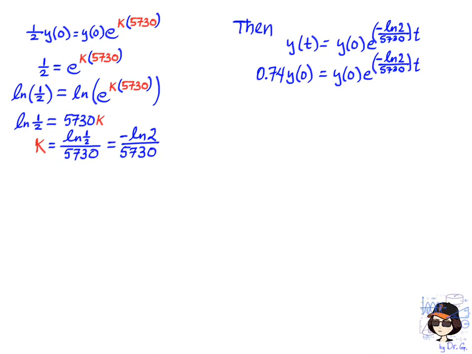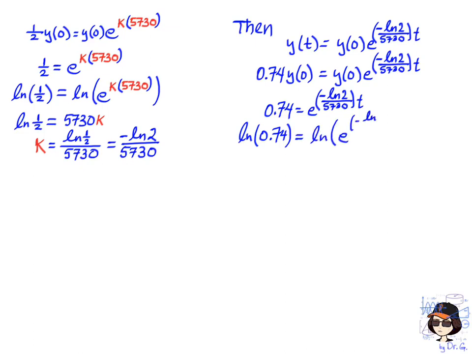So once again, I can divide both sides by y of 0. So I have 0.74 equals e to the negative natural log of 2 over 5730 times t. And now, once again, I want to bring the variable down out of the exponent, so I take the natural log of both sides.